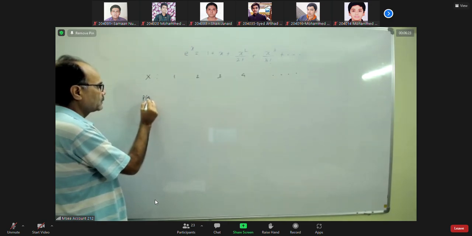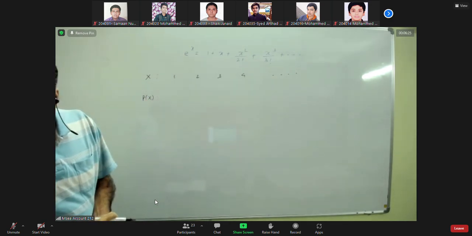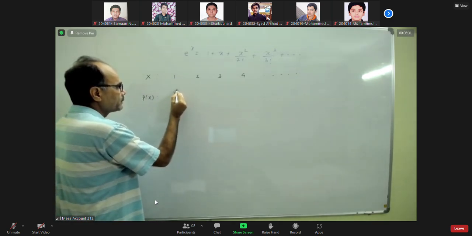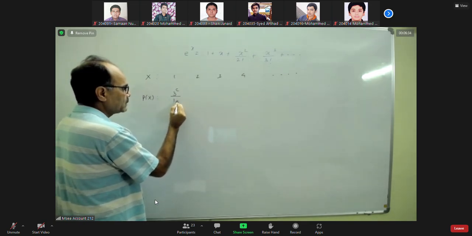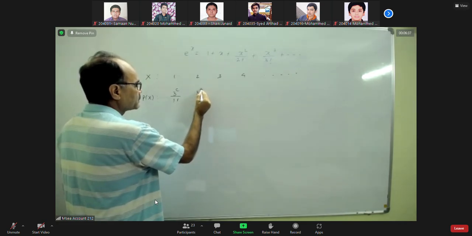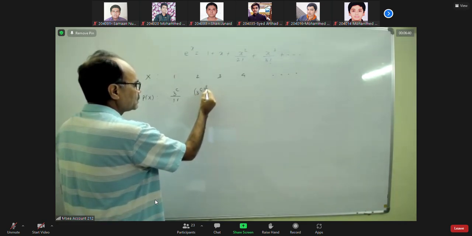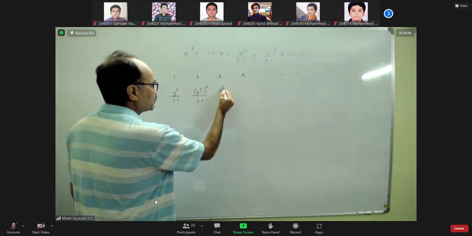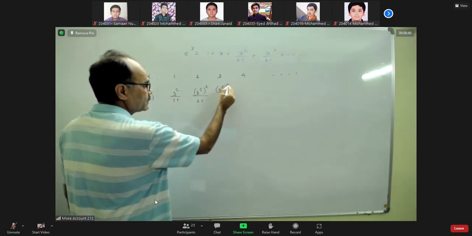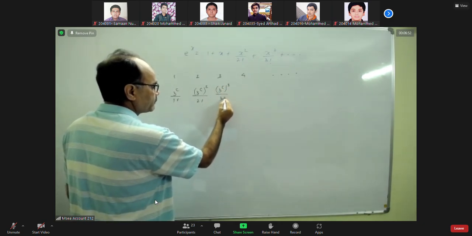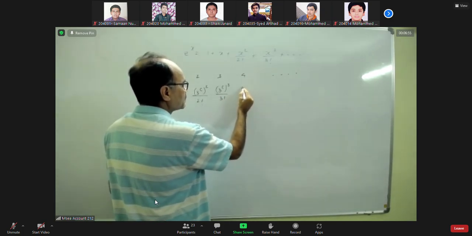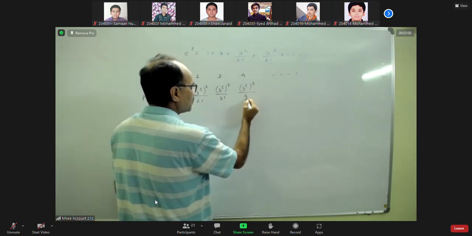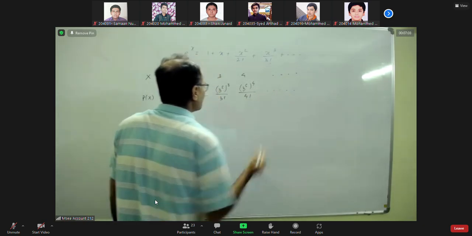Corresponding probabilities, for k equal to 1, are e to the power c by 1 factorial, then e to the power c whole square by 2 factorial, then e to the power c whole cube by 3 factorial, then e to the power c to the power 4, till infinity.